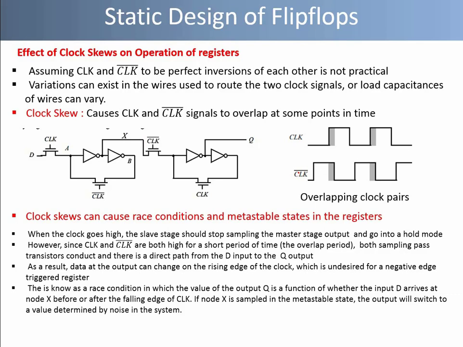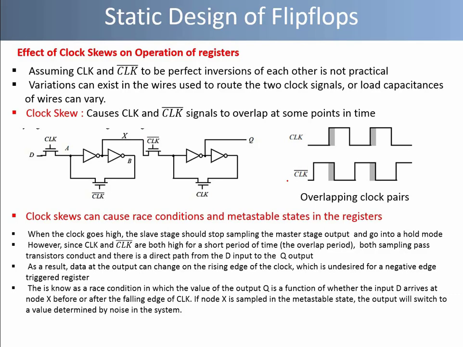But this assumption is not practical for two reasons. One, we have a finite propagation delay of the inverter which converts clock into clock bar signal, and second, we have capacitances of the connecting wires.